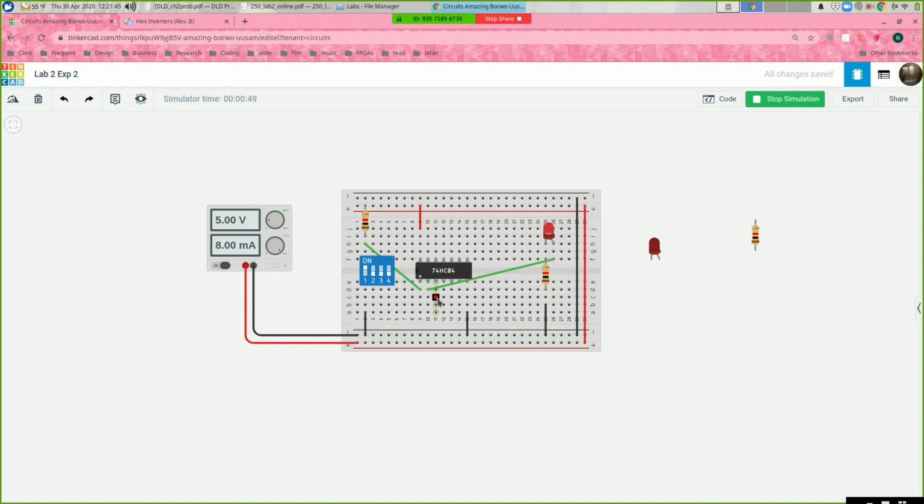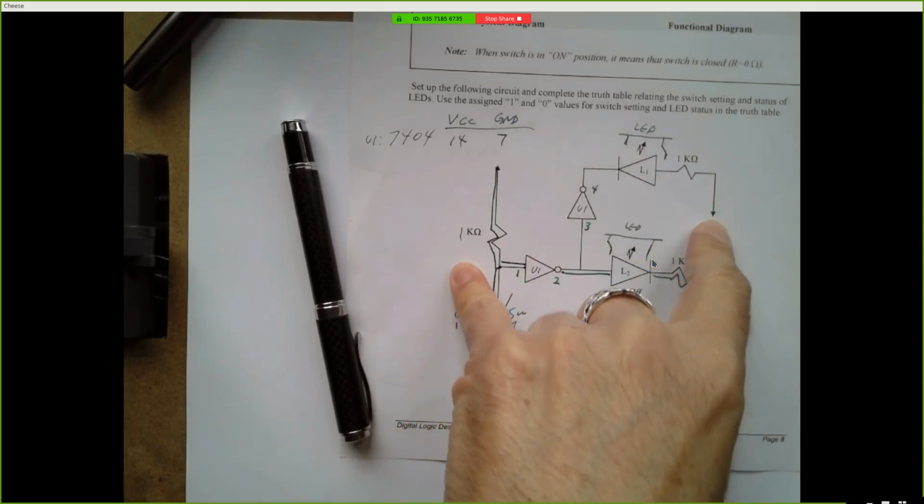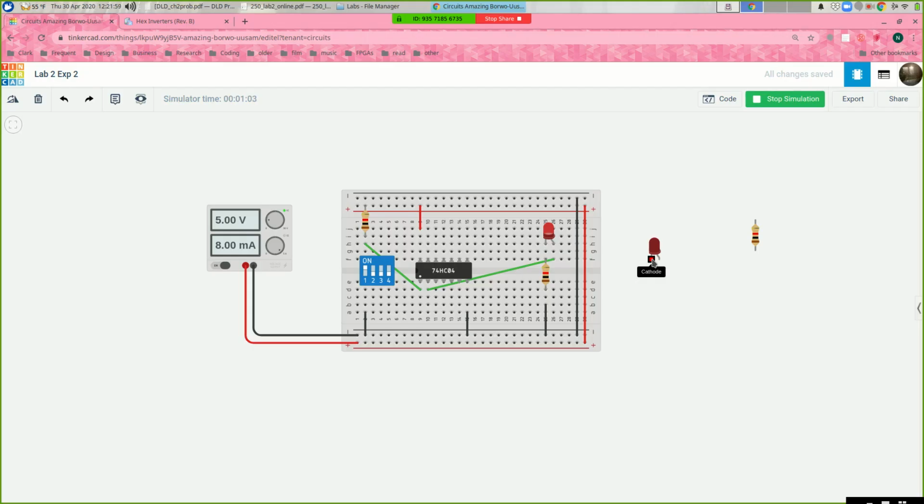So take a wire between pin 4, put your other LED in here and connect it to that straight leg, and then the bent leg goes through a resistor to VCC. So take that leg, run it through a resistor, put the other end up to VCC, and you've got your complete circuit. And then you can flip your switch, you can see what the LEDs do when it's off or when it's on.